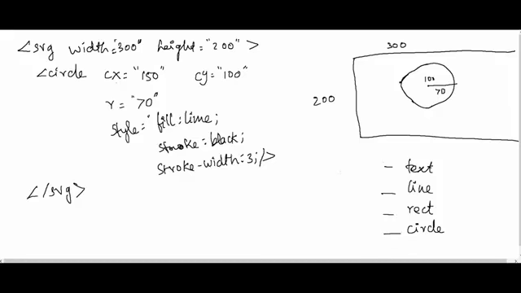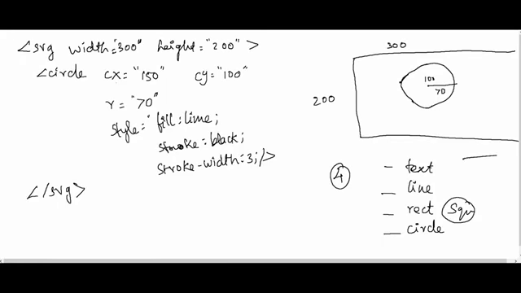Try all these 4 things. Okay, this will be your task for this day. Try to create these shapes. Okay, for rectangle you can use square also, but you don't need to use square as a word.